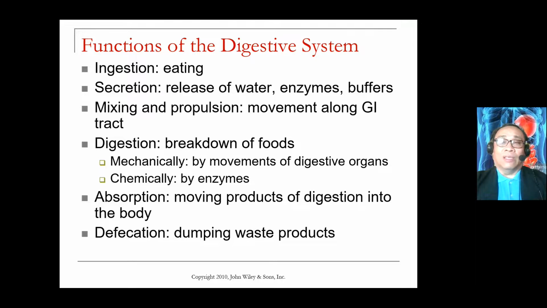And for those portions of the food that have not been utilized by the digestive system, they turn out as waste and are eventually eliminated through the process called defecation, which is the dumping of waste products. And typically it moves out of the anus.